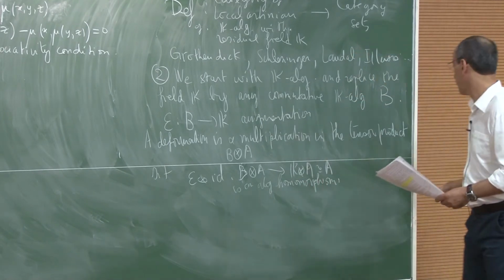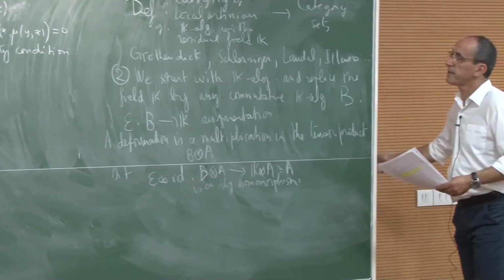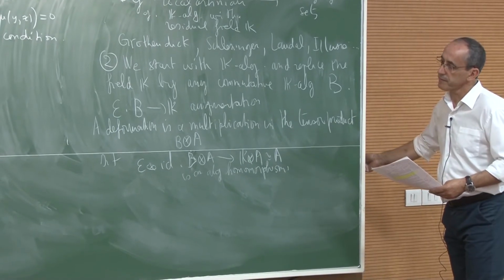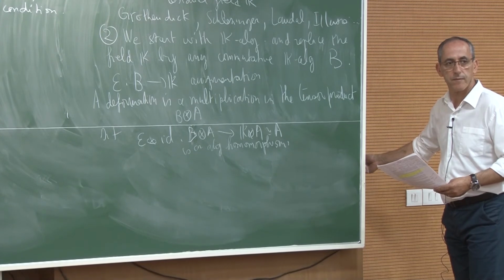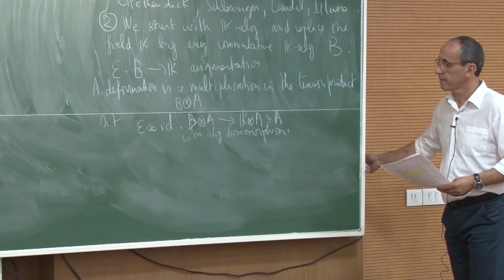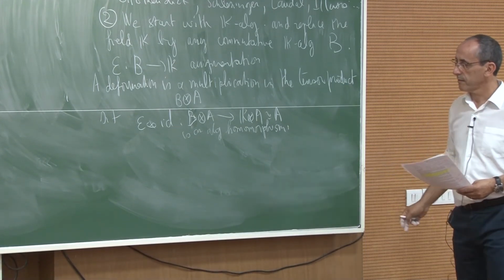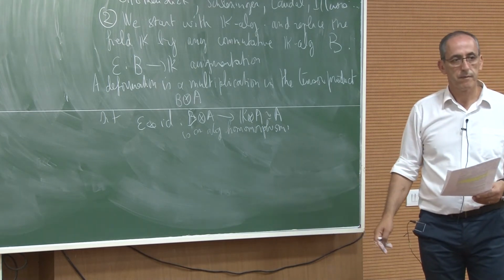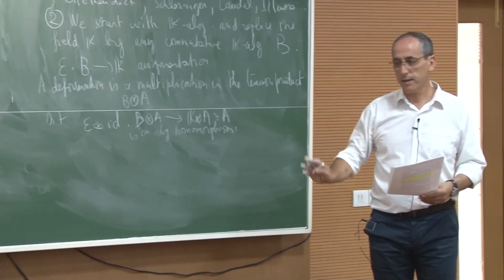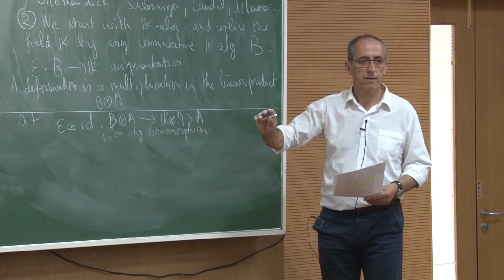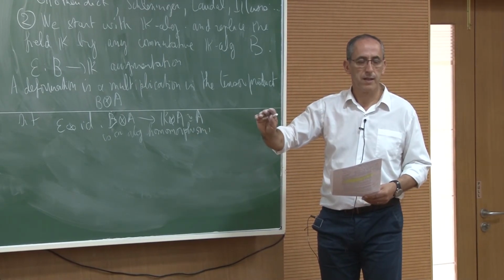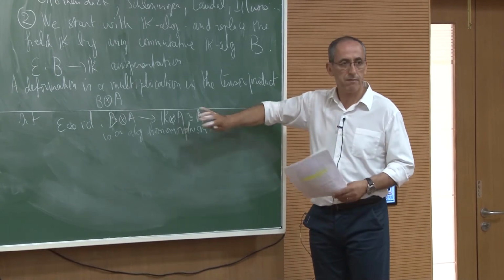You're saying that you start with an arbitrary K algebra equipped with an augmentation. The augmentation is given as part of the structure. It is a part of the deformation. The A is a K algebra.